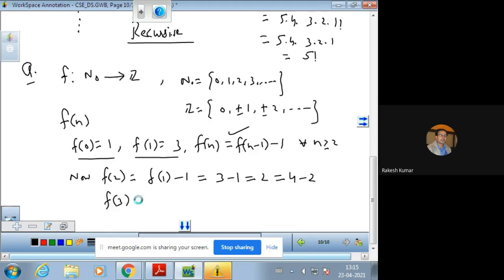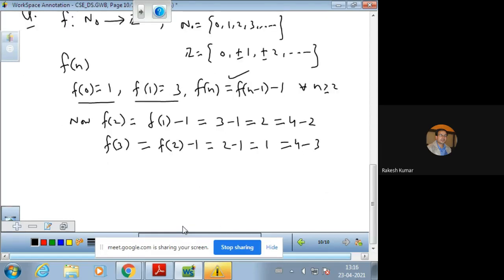Similarly, f of 3 can be calculated by using this relation, that is f of 2 minus 1, and that is 2 minus 1. This comes out to be 1, and again that is 4 minus 3. This is the relationship we have.